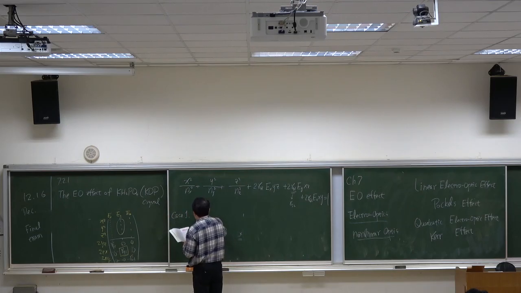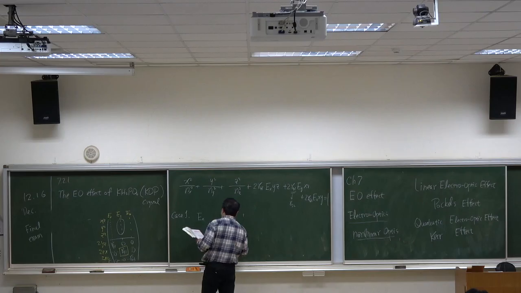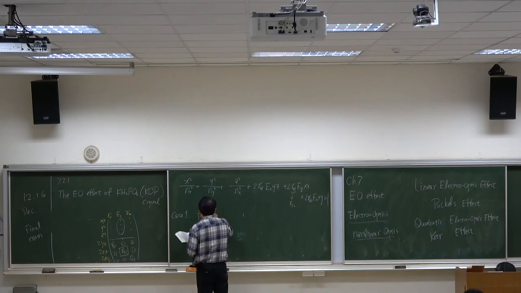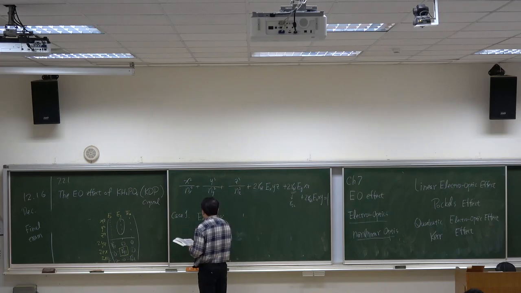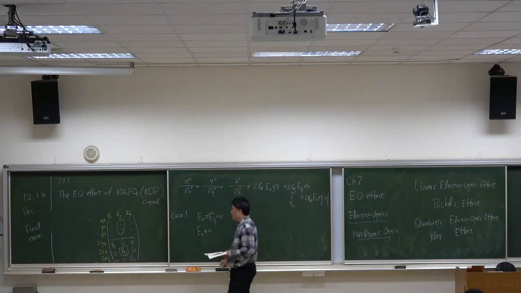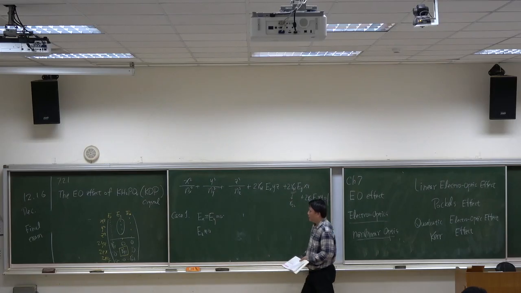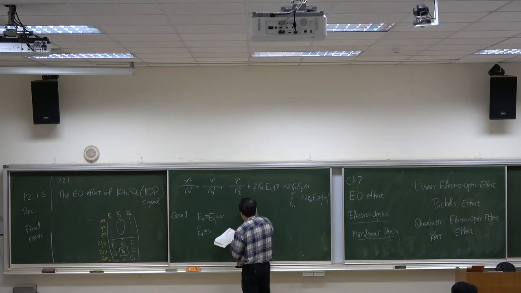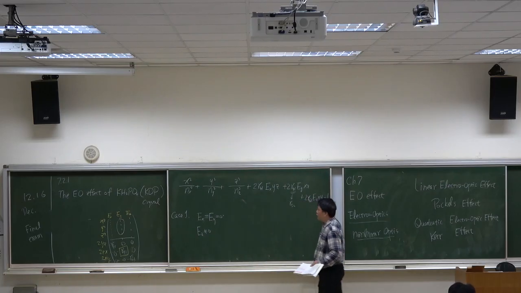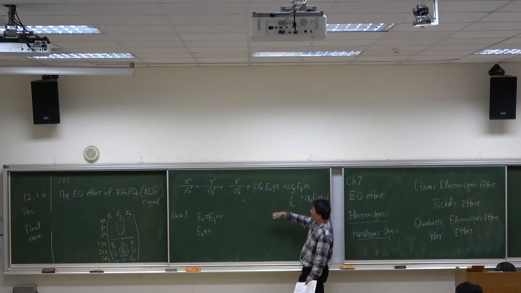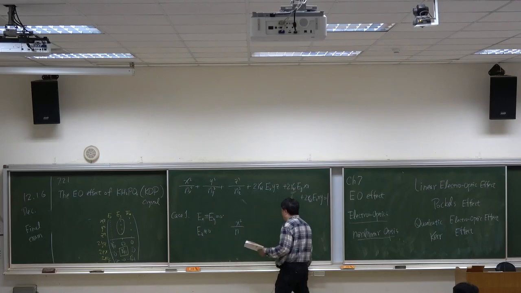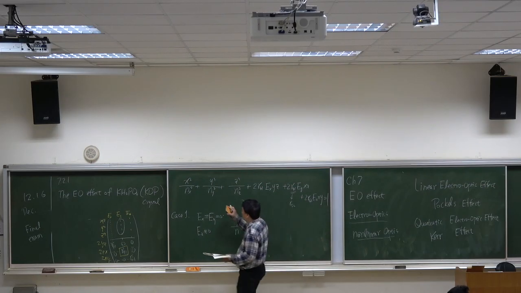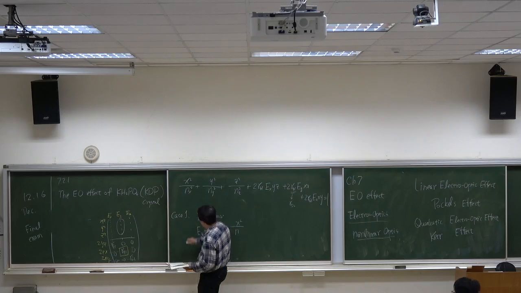In case 1, we choose Ex and Ey to be 0 and Ez not equal to 0, which means we apply the electric field along the z-axis. Then under this assumption the index ellipsoid becomes the following.